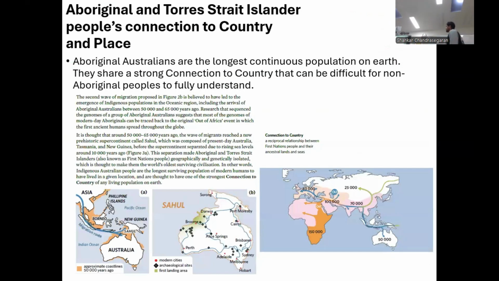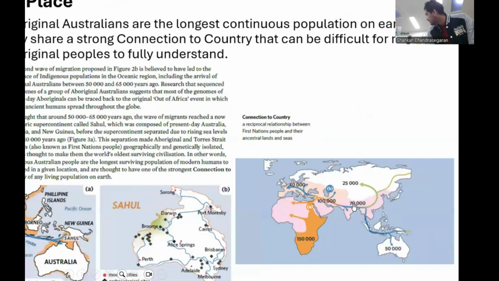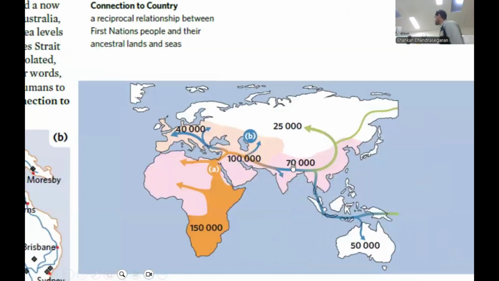So beyond this, we're going to be talking about the Aboriginal and Torres Strait Islander people's connection to country and place. We're basically going to talk about Aboriginal Australians and how their migratory patterns emerged specifically in the Australian continent. Right, so let's relate it back to the first picture we saw about the migration pattern.